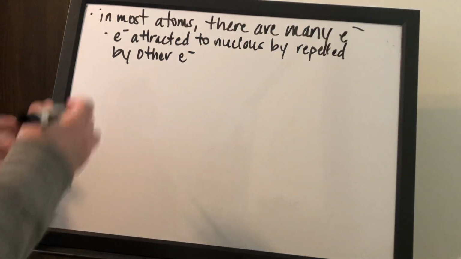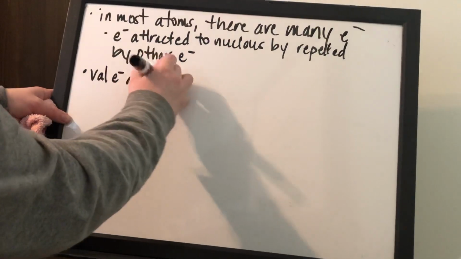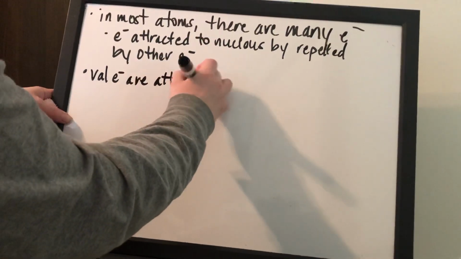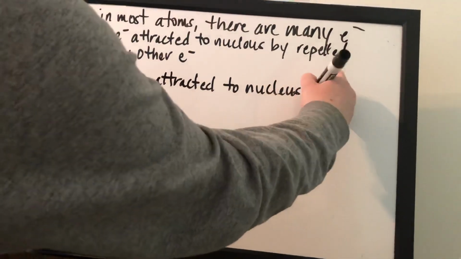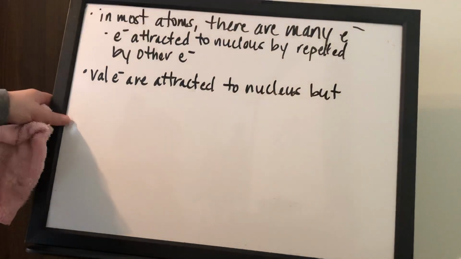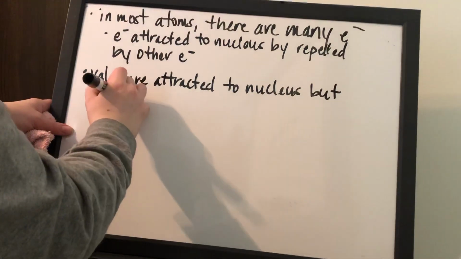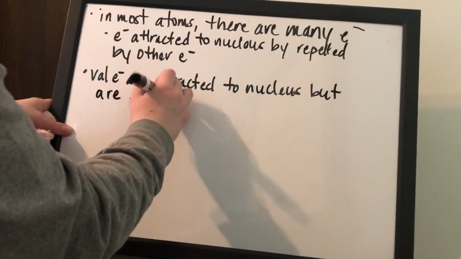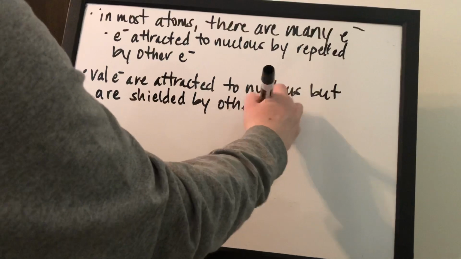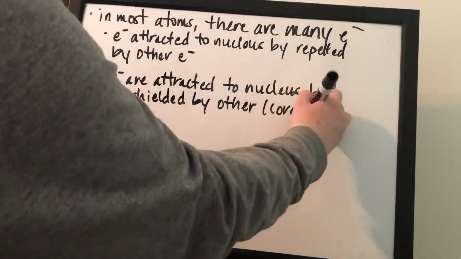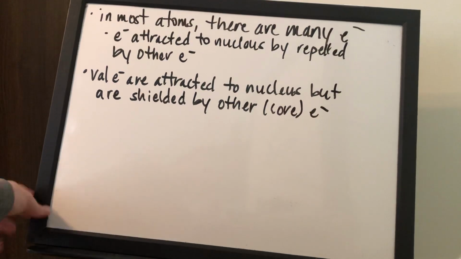So what we say is that, and this is kind of the big deal, the valence electrons are attracted to the nucleus, but at the same time that they're being attracted to the nucleus, the word is shielded. They are shielded by the other, or in this case, the core electrons.